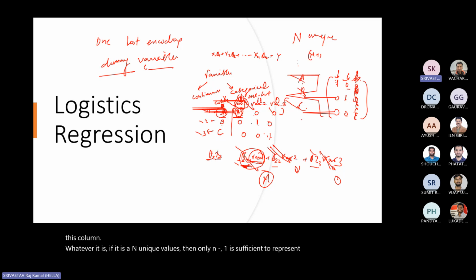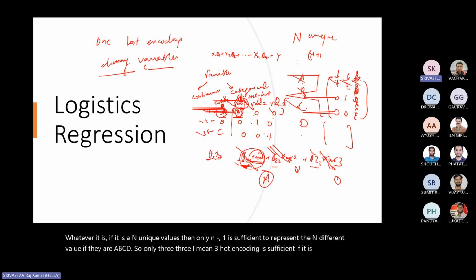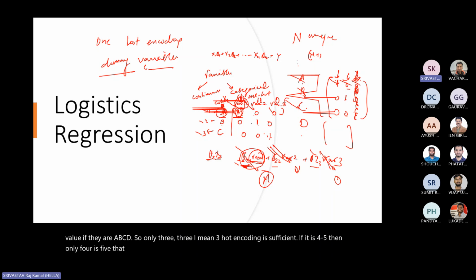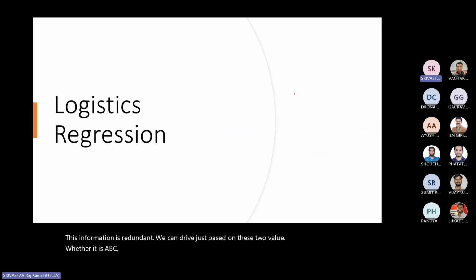If they are A, B, C, D, then only three hot encoding columns are sufficient. If it is 4, 5, then only 4 is fine. That is it, because this information is redundant. We can derive from just these two values whether it is A, B, C.